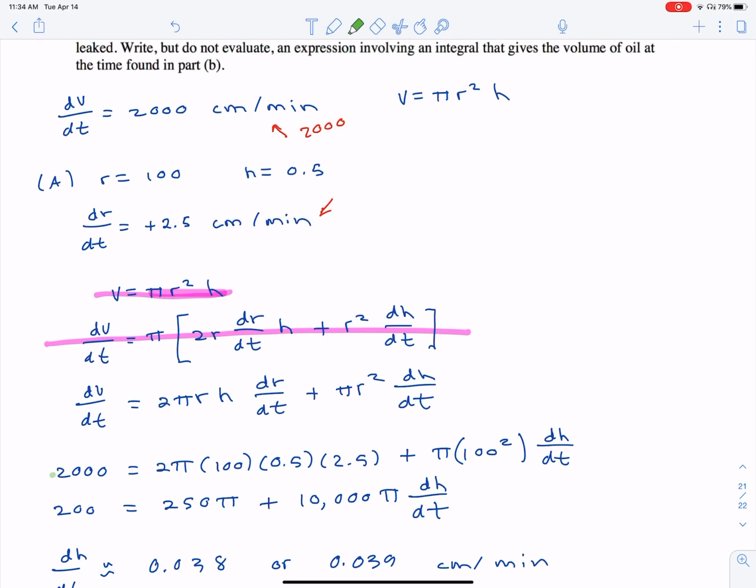Well, I shouldn't say that. Well, it is, that is a correct statement. The rate of change in the amount of oil is increasing because, nope, let me rephrase it. That was a bad way of saying it.